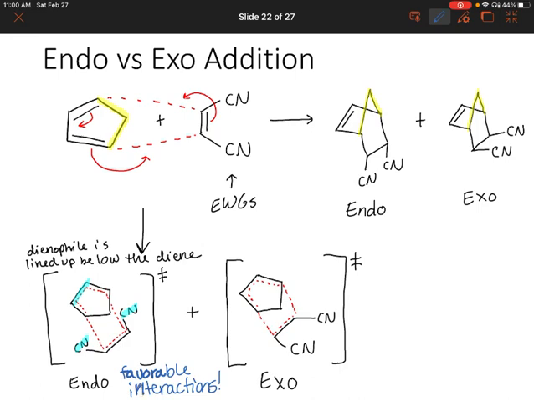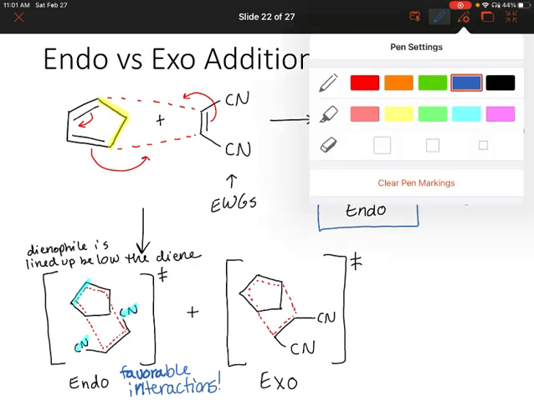So the electron withdrawing groups help to stabilize that transition state. And I'll show you a figure in a bit about what's going on there. But that means that the endo product is going to be the major product. And then the exo product is a very minor product.